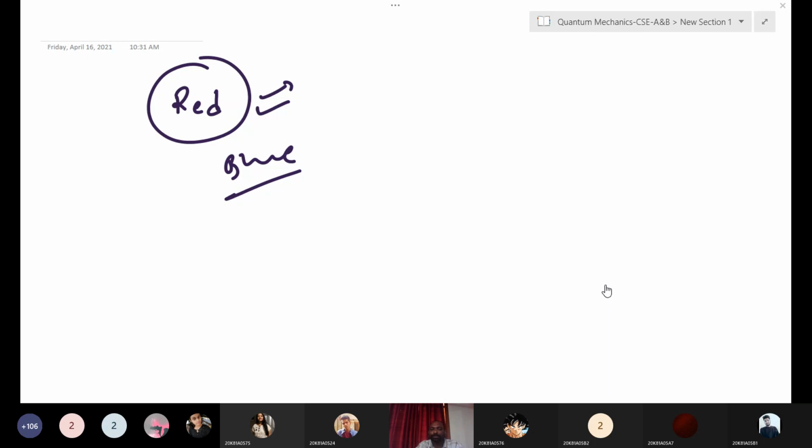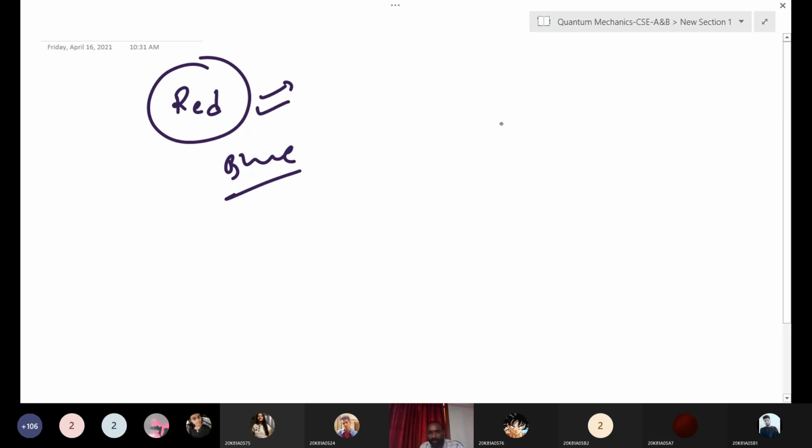Generally, which colors are you able to see? Generally we see visible light, right? What we are seeing with the human eye, that is visible light.